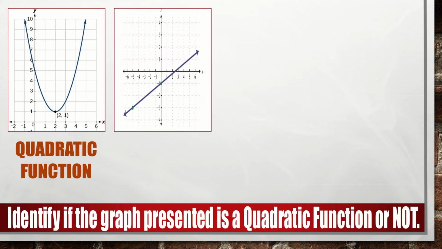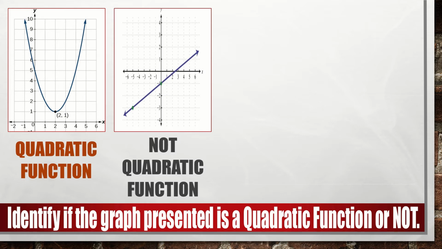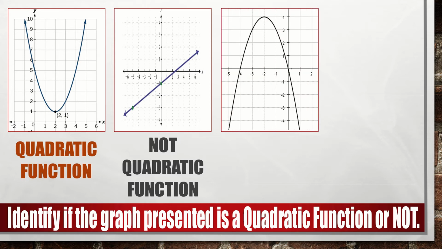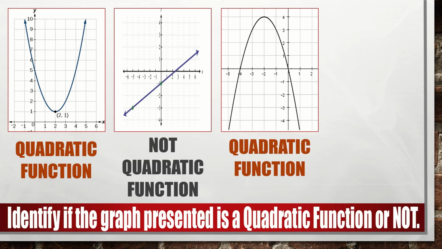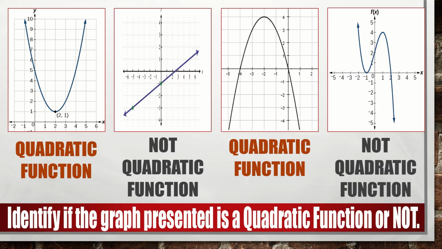Let us have the second one. Okay, it is not a quadratic function, but that graph is a graph of a linear function. Let us have the third one. Yes, it is a quadratic function. The graph is a parabola that opens downward. Let us have the last one. Yes, it is not a quadratic function.